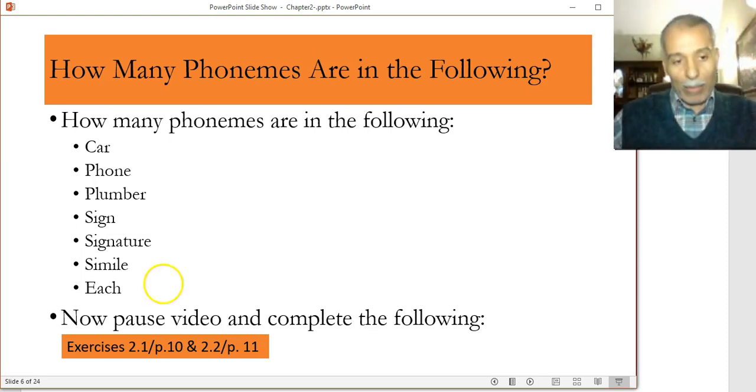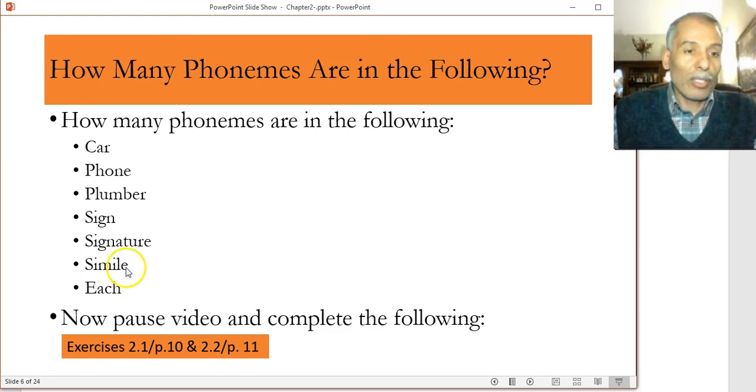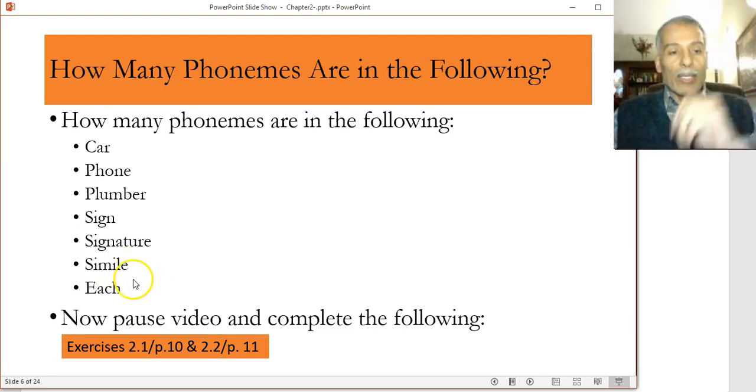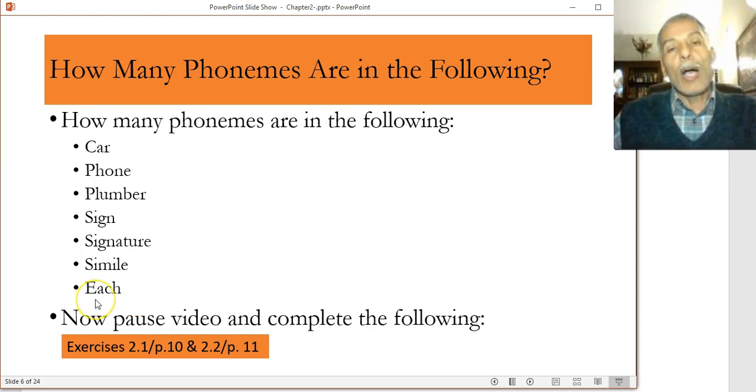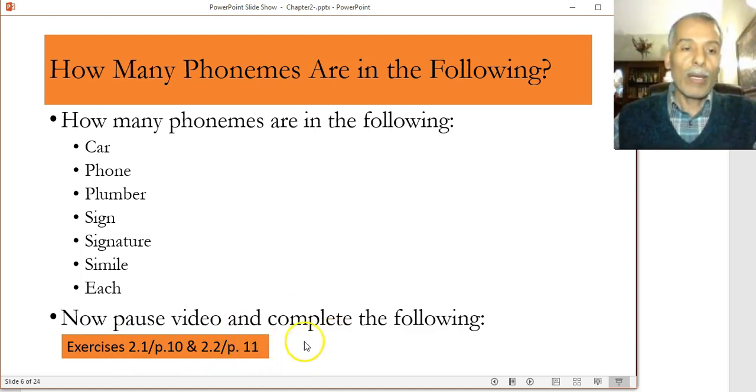In that case, we say the e at the end, as in simile. How many are in each? So each, 2 sounds, 2 phonemes. Now I would like you to pause this video and go complete the exercises in your textbook. They are written here, page 11, and then come back when you complete them.